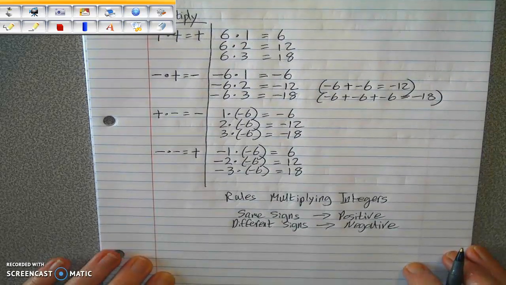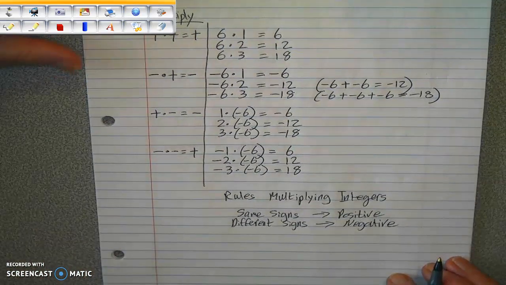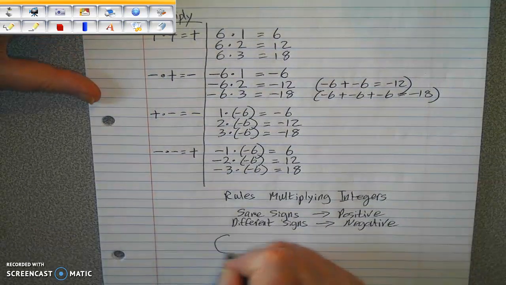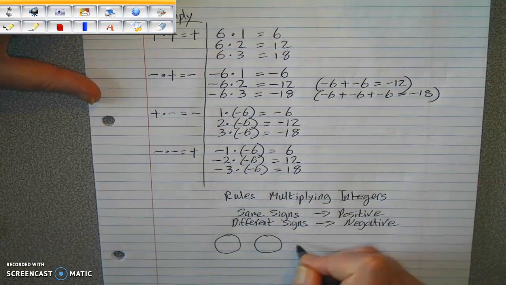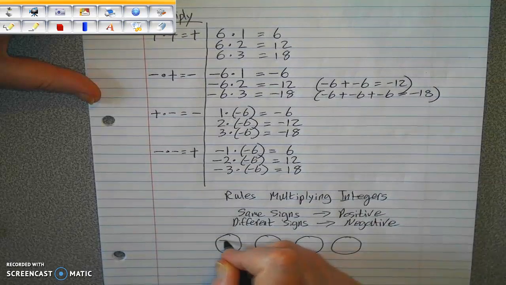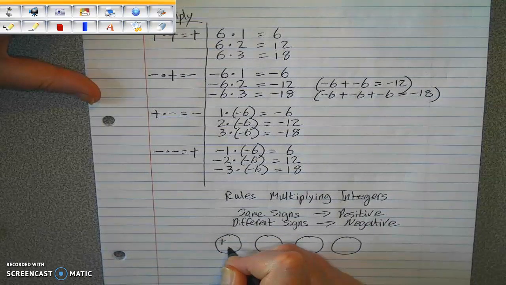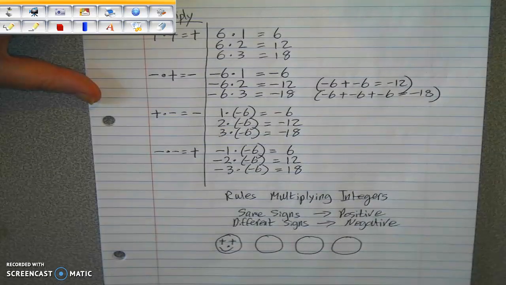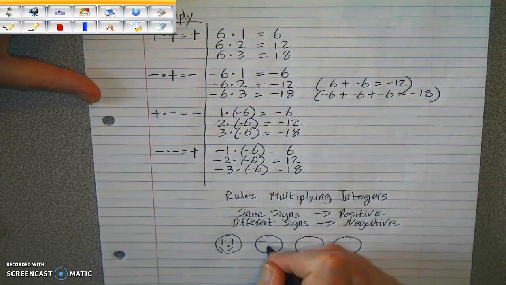And I also have a little visual for summing this up. And here it is. A positive times a positive is positive. A negative times a negative is positive.